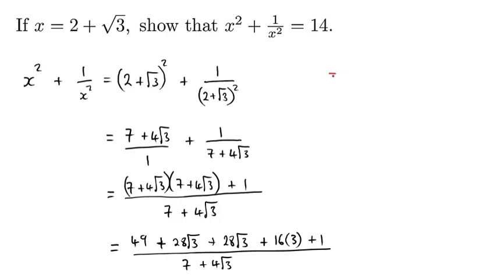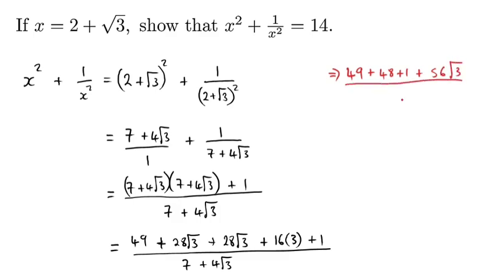Let's bring it here. So this implies that we have the 49 plus 16 times 3, which is 48. Then the 1. 28 root 3 plus 28 root 3 would give us 56 root 3.